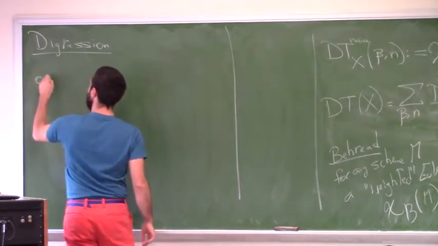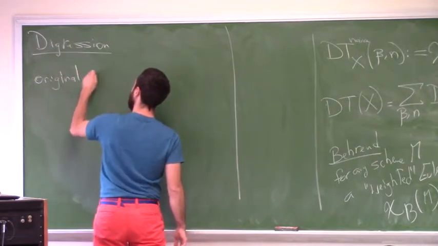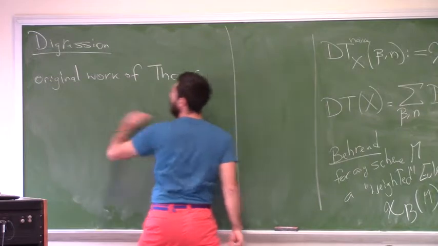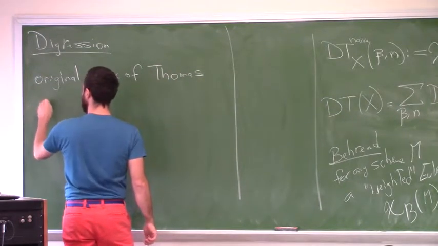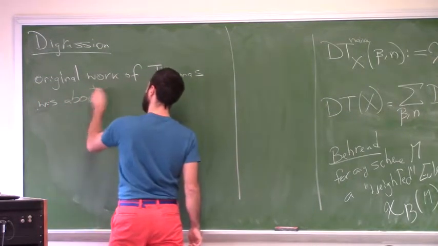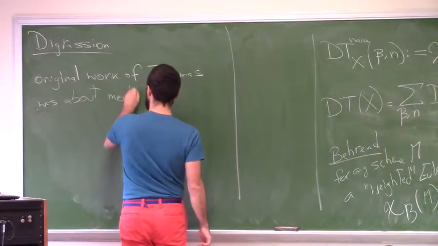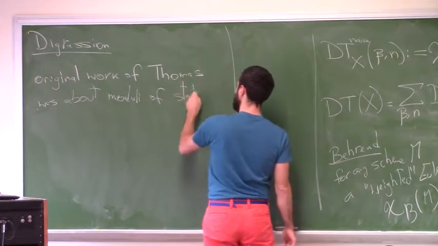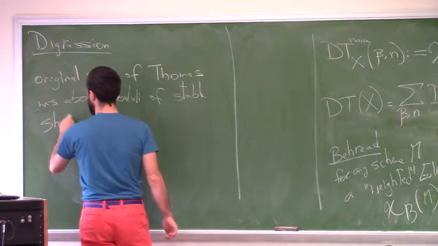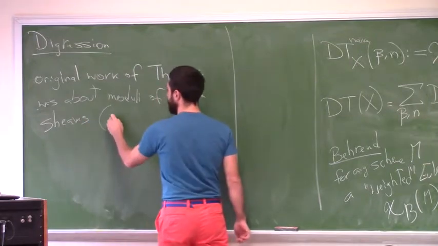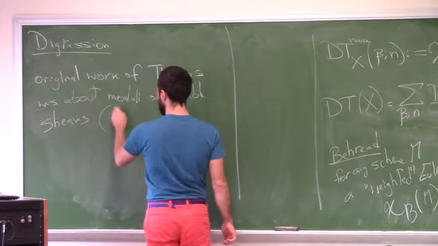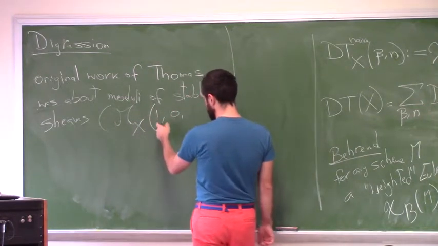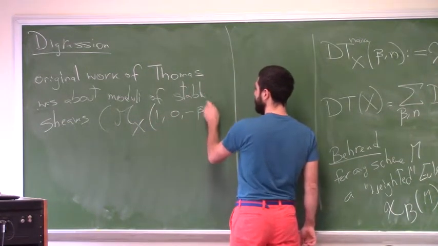So the original work of Thomas was about moduli of, let's say, stable sheaves. The kind of thing you would consider is ideal sheaves. So you take the moduli of stable sheaves with Chern character (1, 0, -beta, n).